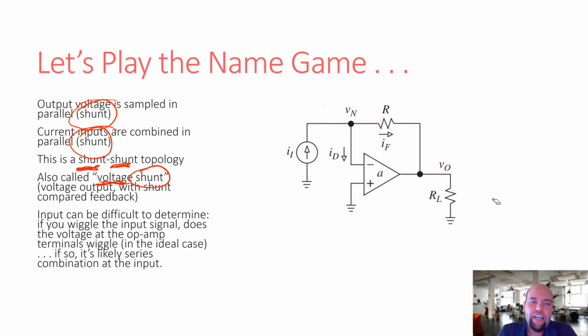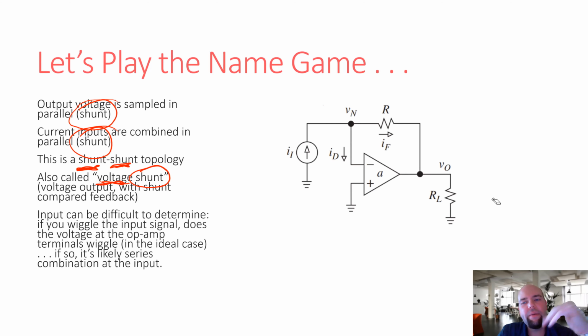And usually a quick check that I like to do is, if I wiggle my input, if I increase or decrease my input, in the ideal case, do the voltages at the terminals of the op amp change? If by wiggling the input, the voltages at the terminals of the op amp go up and down, that's usually a good sign that I'm actually combining things in series.